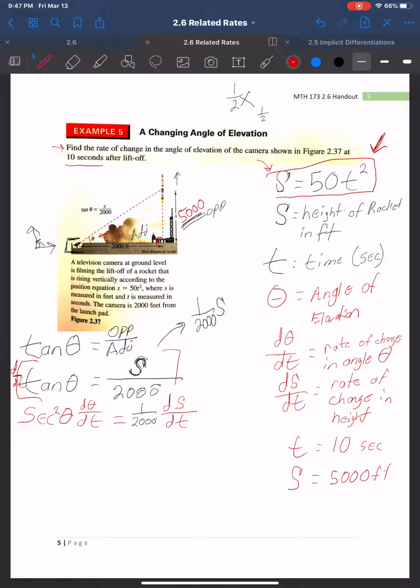Obviously the point of this problem is to find d theta dt, the rate of change in the angle theta with respect to time. But looking at the information that we have, somewhere in this problem, we must be able to find ds dt.